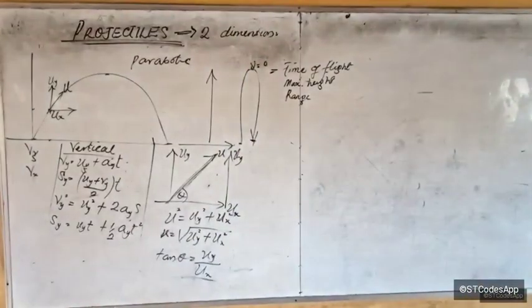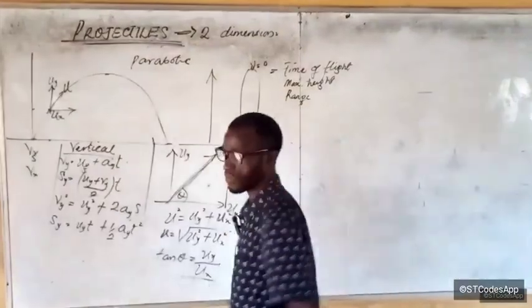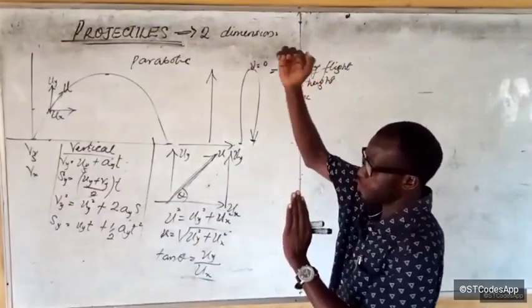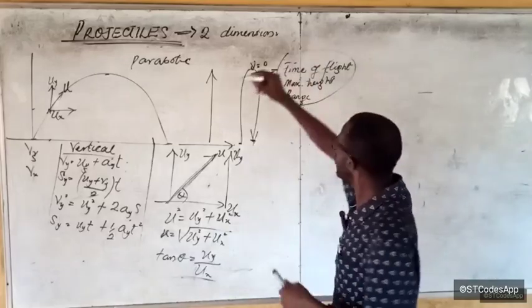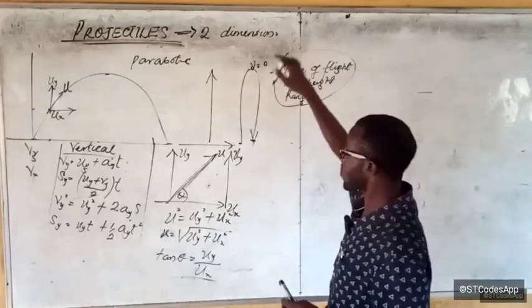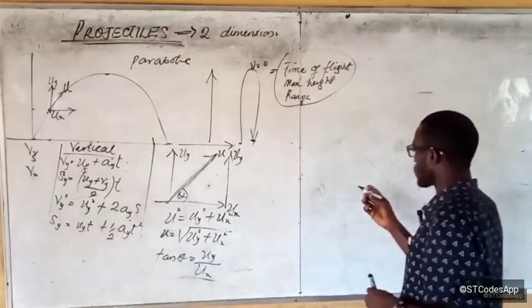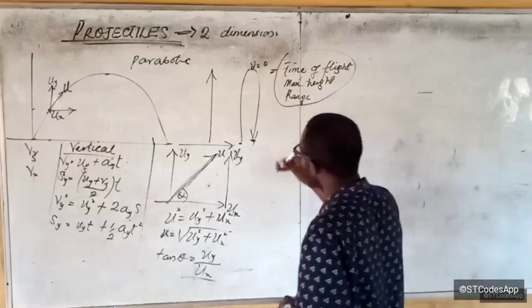The maximum height refers to the maximum vertical distance that it reaches, while the range refers to the maximum horizontal distance that the projectile covers. And these are what we are going to be working on individually.